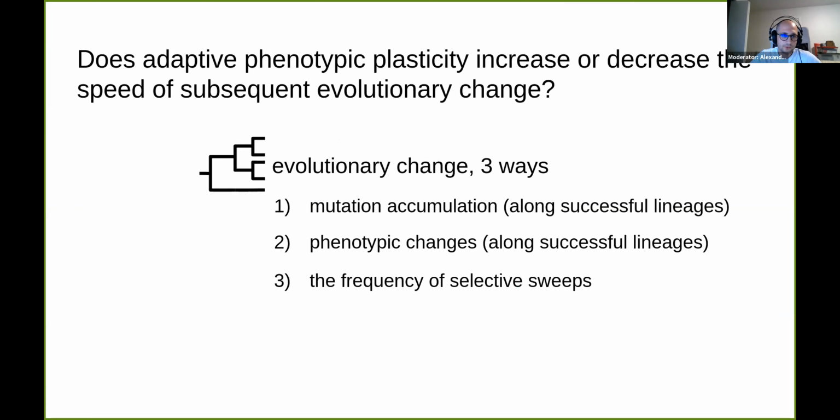Okay, so to get at this question, in the experiment that we performed, we looked at three different lenses on evolutionary change. We looked at mutation accumulation along successful lineages, accumulated phenotypic changes along successful lineages, and the frequency of selective sweeps.